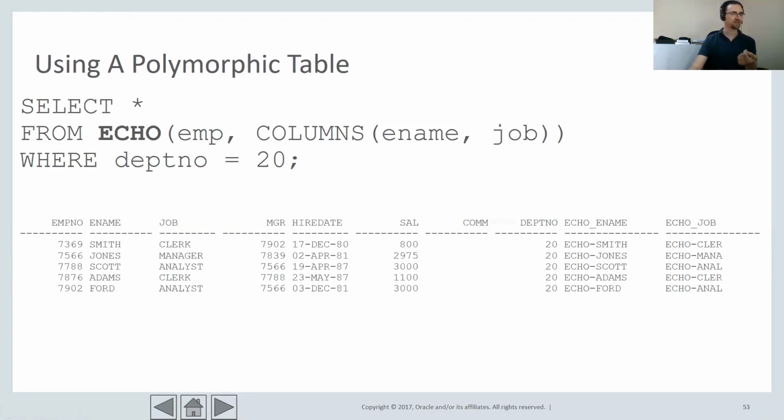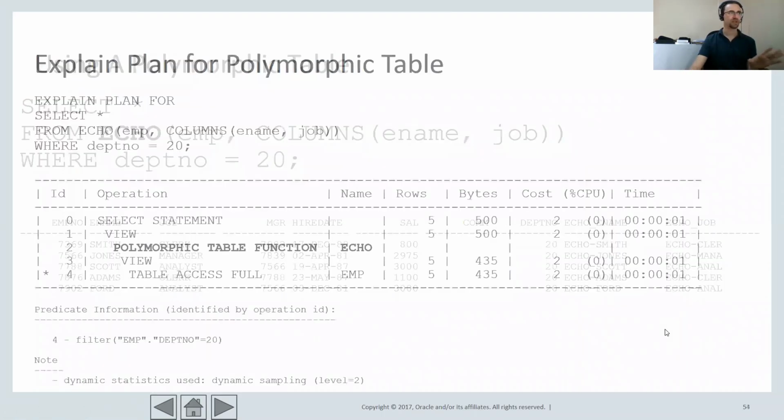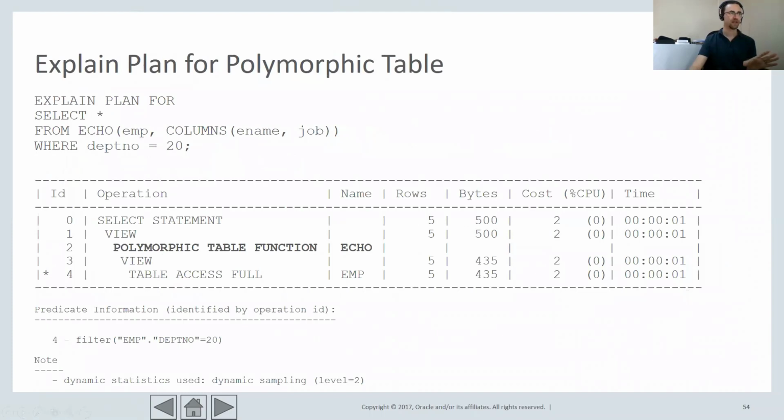PTFs are a big feature, and it's probably worth spending time on their own talking about them, but hopefully that gives you some idea of what they can do. When it comes to the execution plan, we see this lovely polymorphic table function step in the plan, so you can use that to identify what's going on.